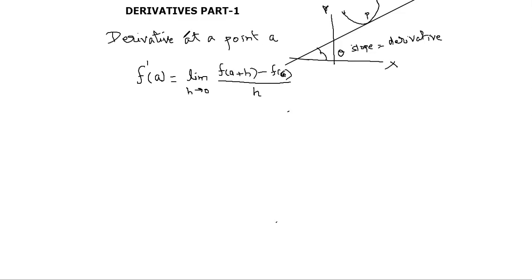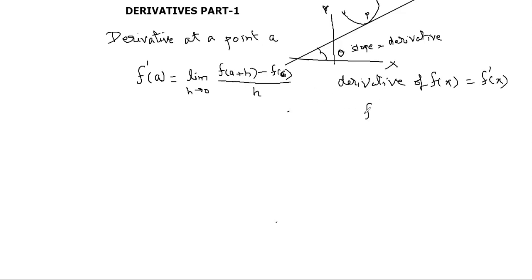We are finding the derivative of a function at point A. The derivative of f(x) is denoted by f dash x. F dash means derivative. If you have to find it at any point, we will put that point.